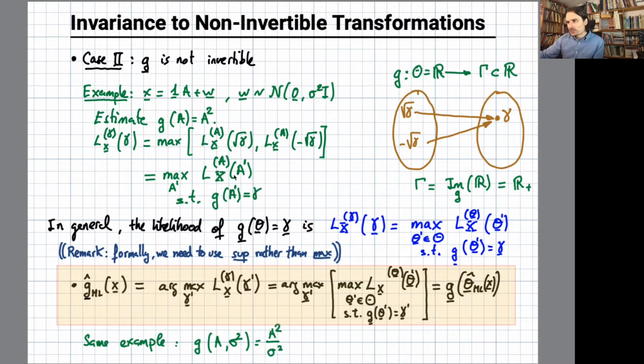In our specific example, we may be interested in estimating a squared divided by sigma squared, right? This is the signal to noise ratio, and we discussed this earlier in the course. Obtaining this maximum likelihood estimator is now very simple because we just need to write the maximum likelihood estimator of a, square it and divide it by the maximum likelihood estimator of sigma squared, right?